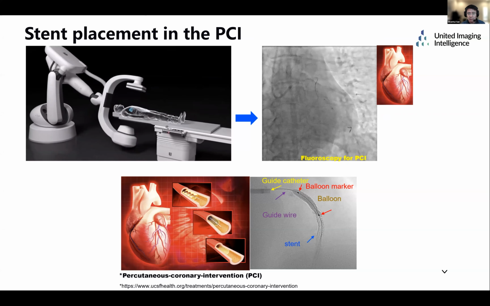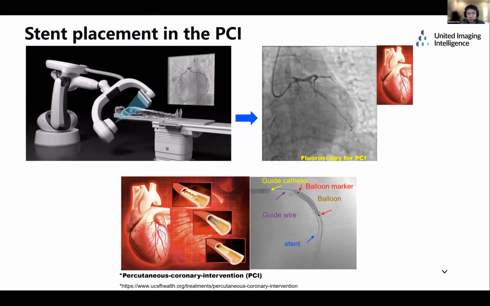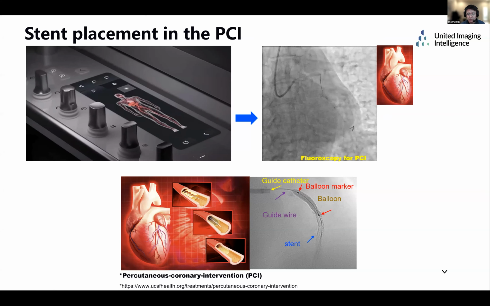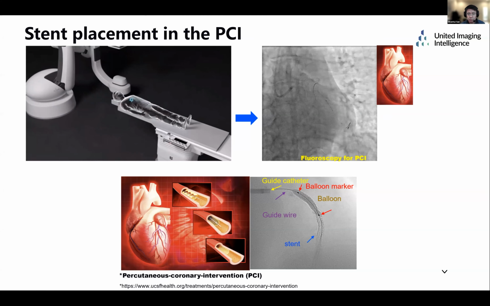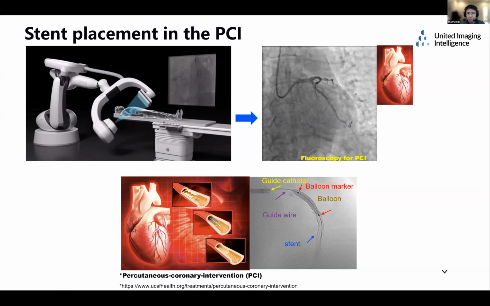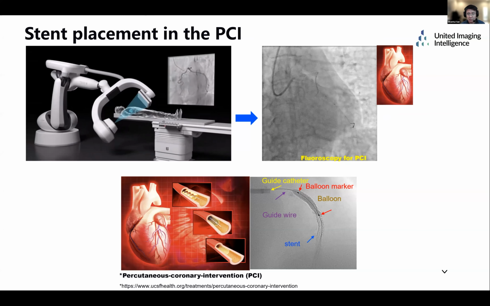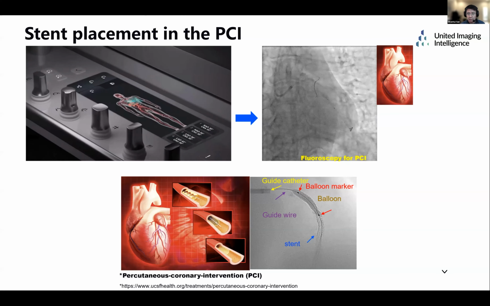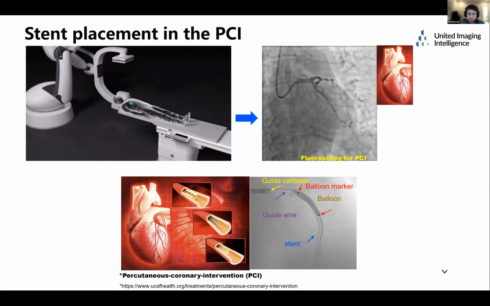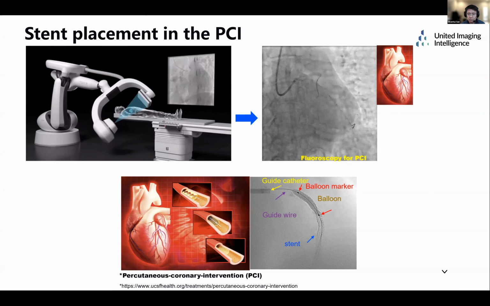On the right side, I put just one example, and this is a fluoroscopy video for a PCI surgery. We can observe the catheter, the wire, and other devices like the balloon marker, the balloon, and so on and so forth.